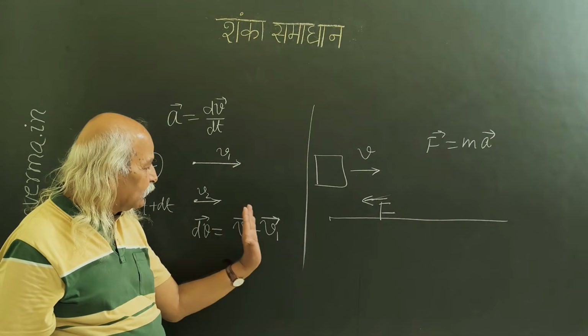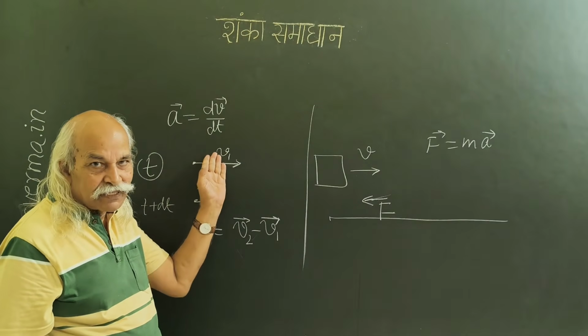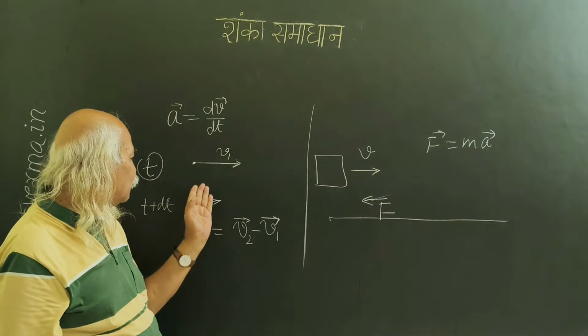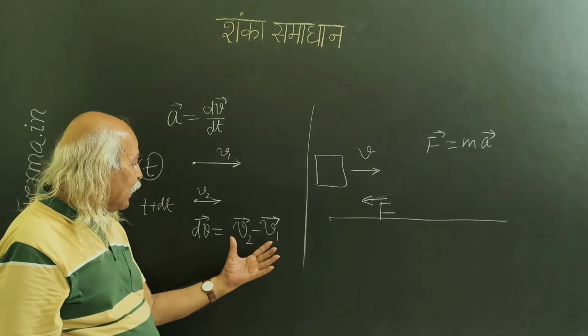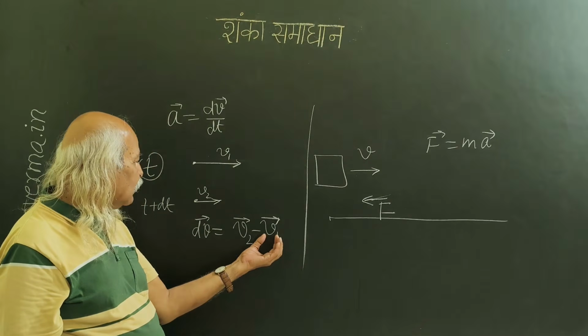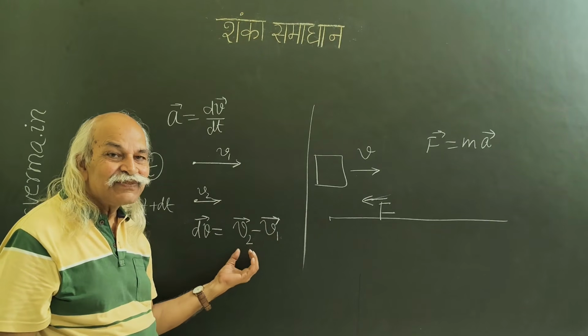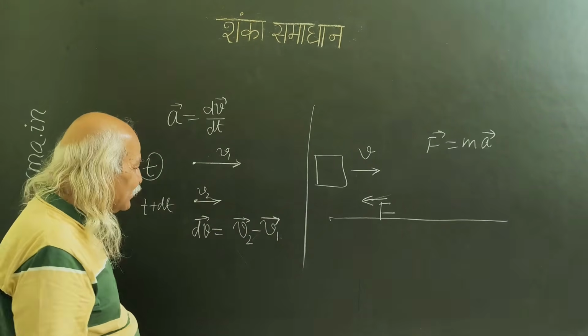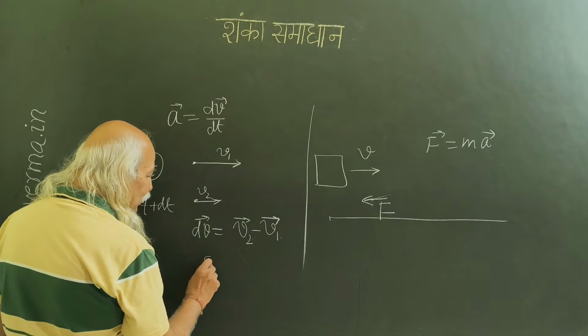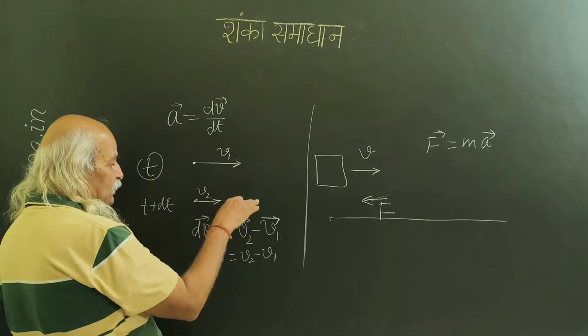Right? Now, they are in the same direction. Velocity is forward at time t, velocity is forward at time t plus dt, and v1 is larger and v2 is smaller. So what you will get is a negative quantity. Right? So if I look at the magnitude, dv, which is v2 minus v1, there is no direction change.